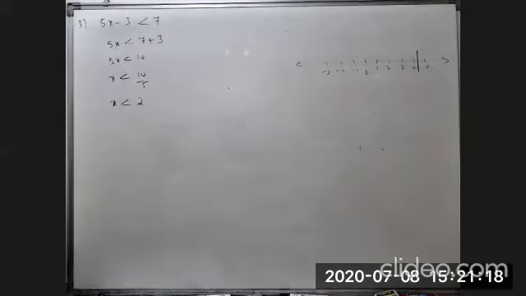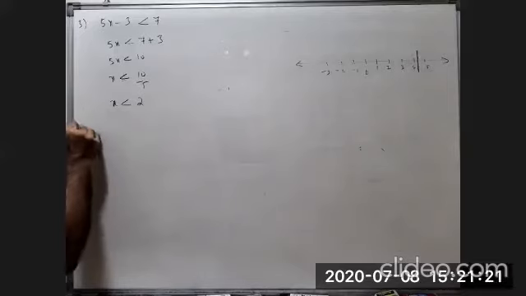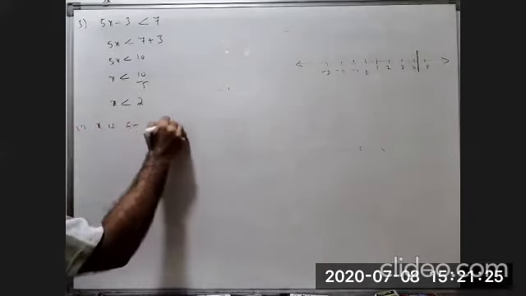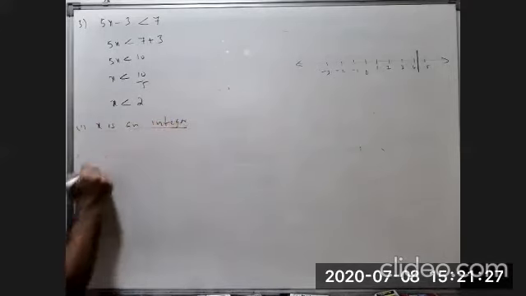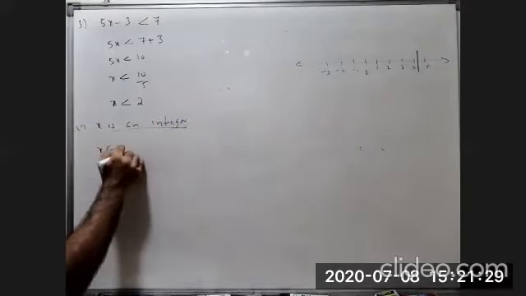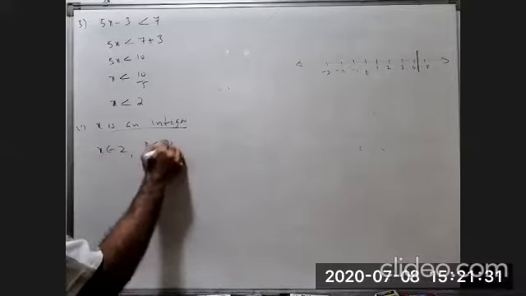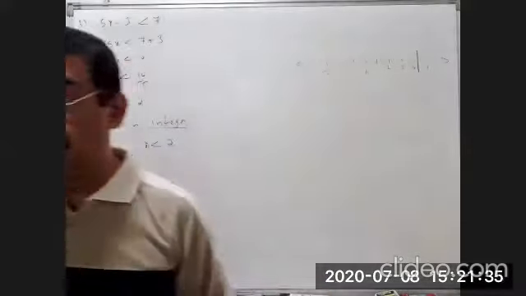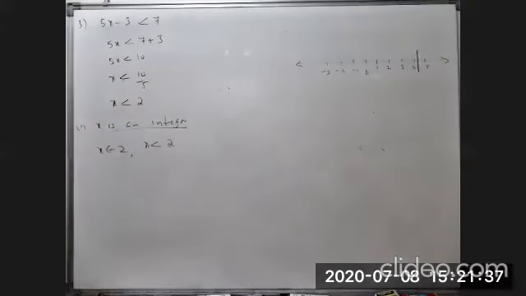And what's the question? First, x is an integer. So x belongs to Z. x less than 2. Which are those integers less than 2?